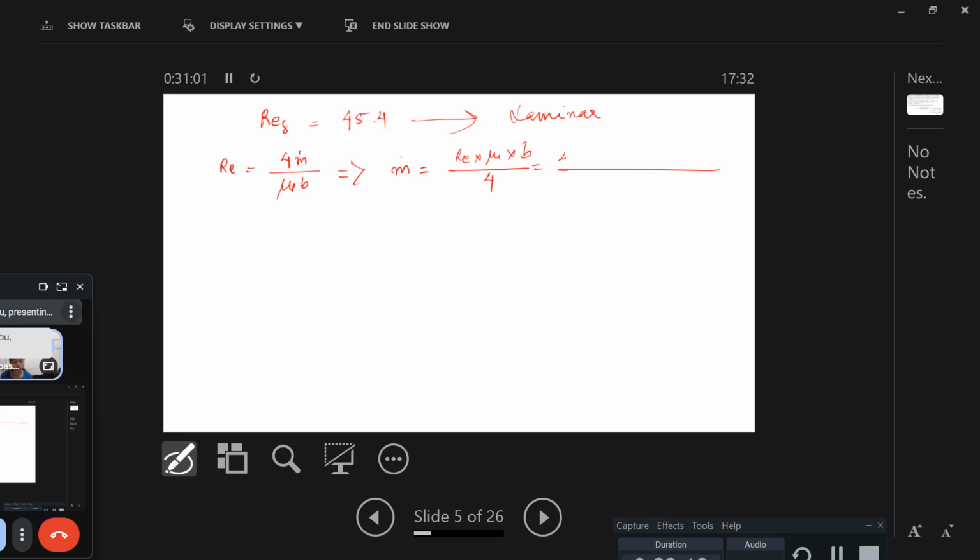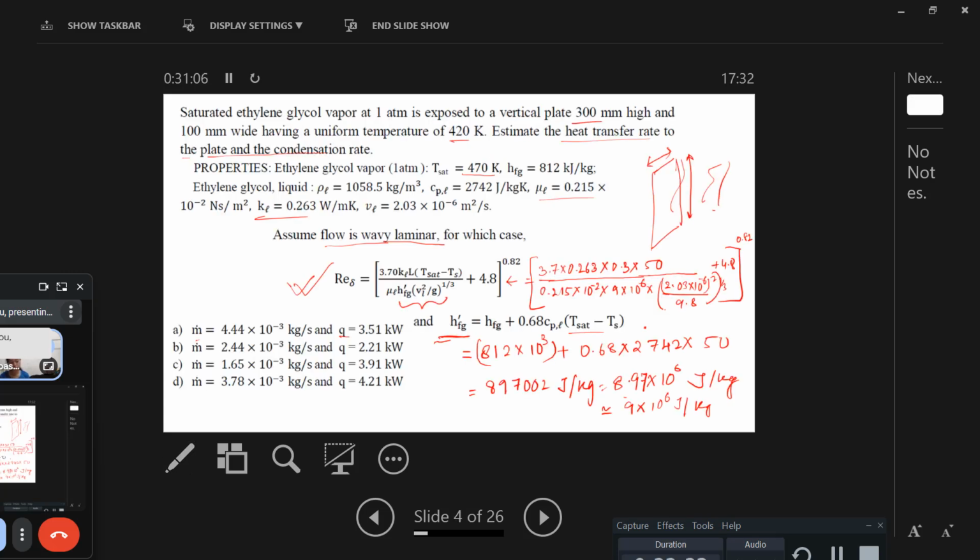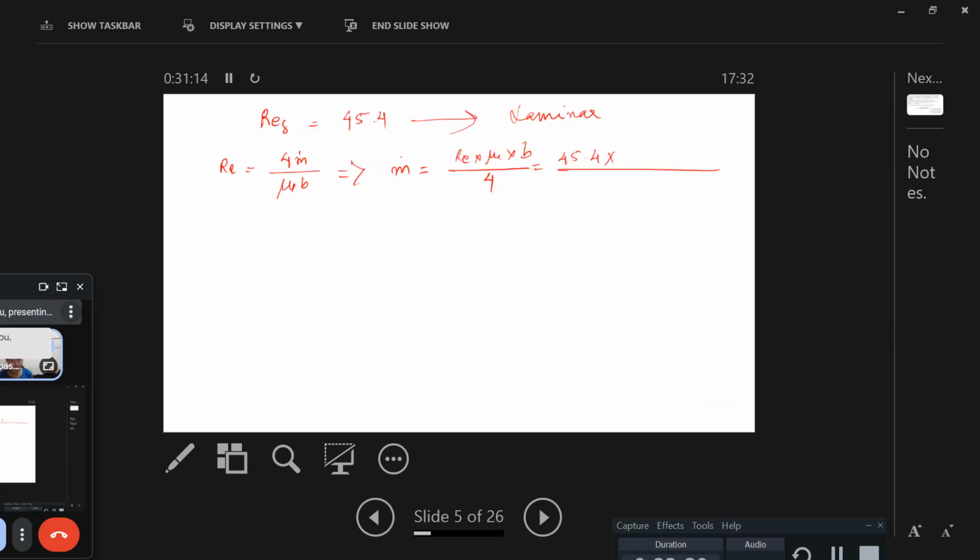So Re was 45.4 into mu L, 0.215 into 10 to the power minus 2, into B, the width, that means 100 millimeter, so 0.1 meter, divided by 4.